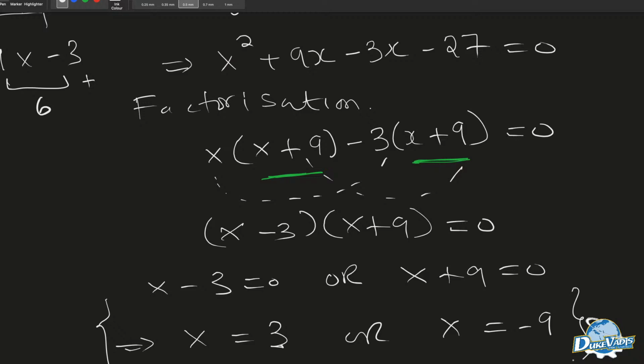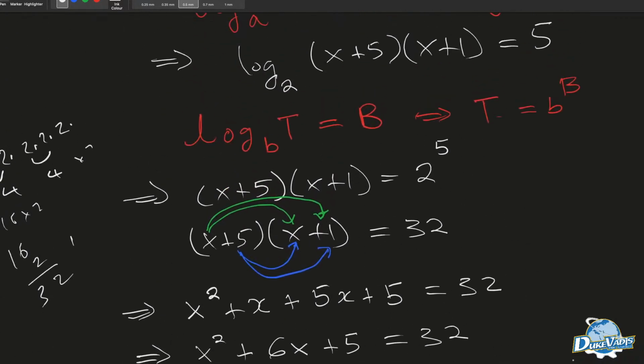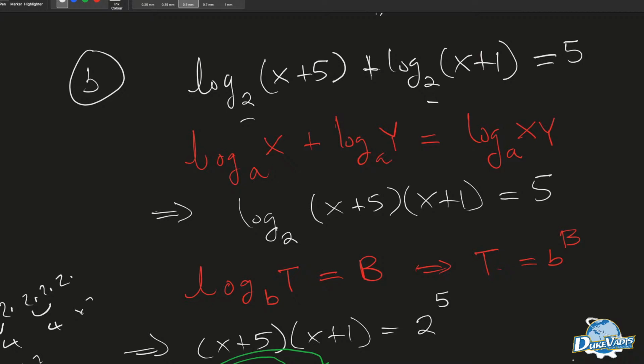So let's go back and have a glance at what we've done so far. When we look at the equation, what do we see? Log to the base 2 of (x plus 5) plus log to the base 2 of (x plus 1) is equal to 5. Then we reminded ourselves of this equation of logarithm.